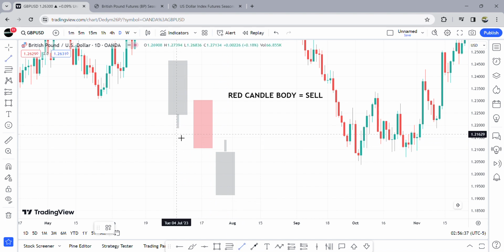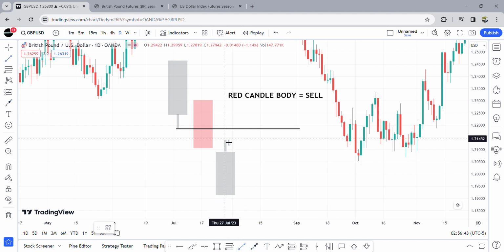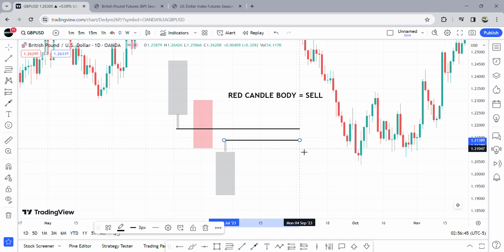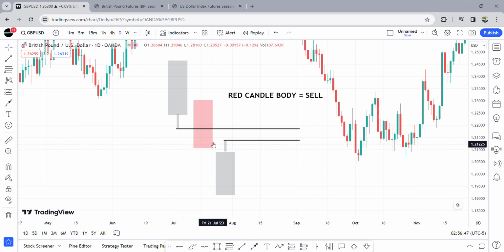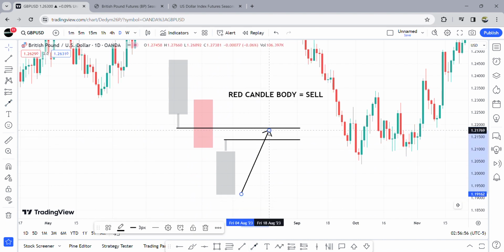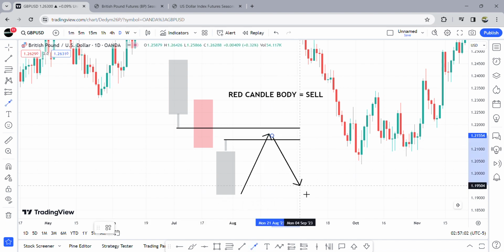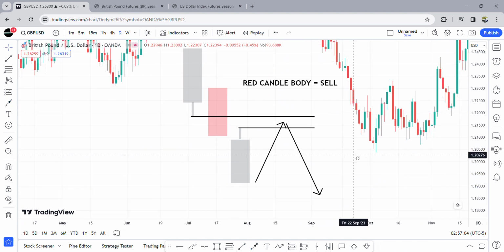So this low and this high don't meet. That indicates that there was only selling allowed during this time. So price would want to go back into this area to fill it in and then come further down. That's the idea of this pattern.